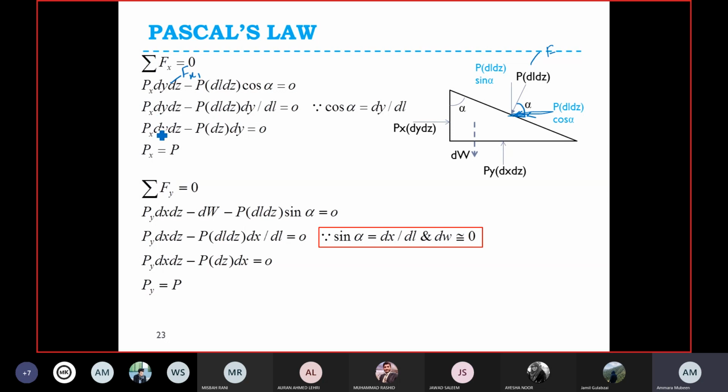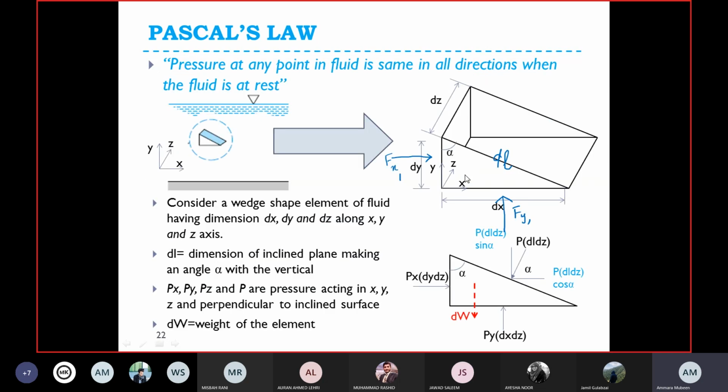Then, rearranging it and putting cos alpha as dy by dl. How have they put that? Just check from here. If this is dy and this is dl, then cos alpha can be written as dy by dl.